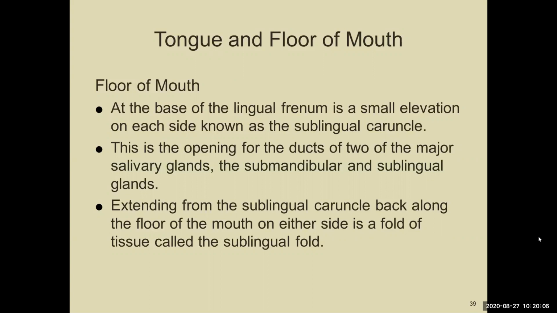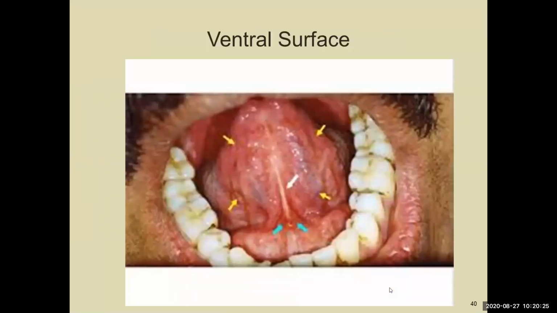So you need to know the anatomy there: the lingual frenum and the sublingual caruncle. Extending from the sublingual caruncle back along the floor of the mouth on either side is a fold of tissue called the sublingual fold.